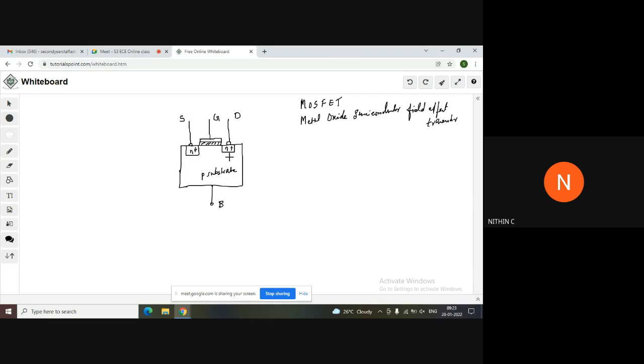Just ignore these two end regions. You have a metal part, the oxide layer, and finally the big P-type semiconductor. That is MOS, metal oxide semiconductor, the concept we are using in the MOSFET.